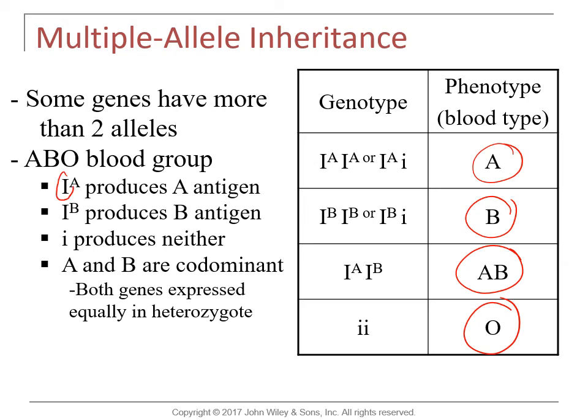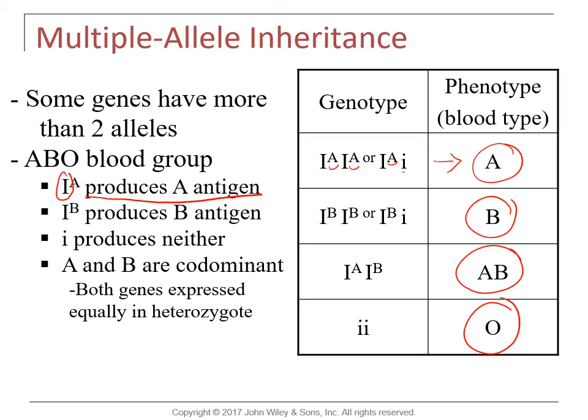For example, with allele I^A, whenever you have I^A I^A or I^A and little i, the person is going to produce the A antigen. It means that person has blood type A.